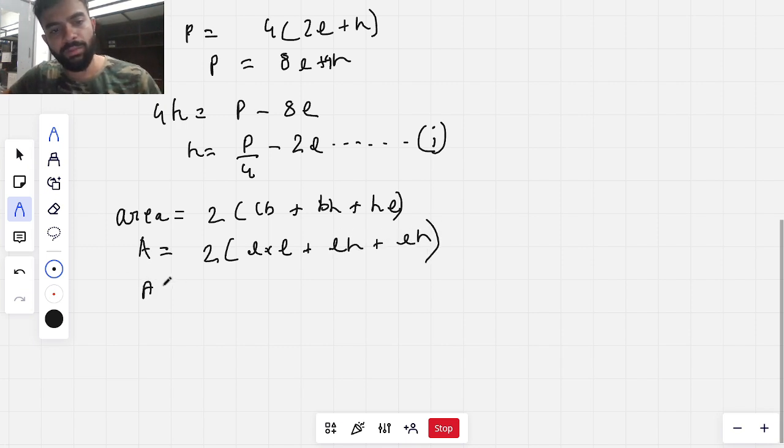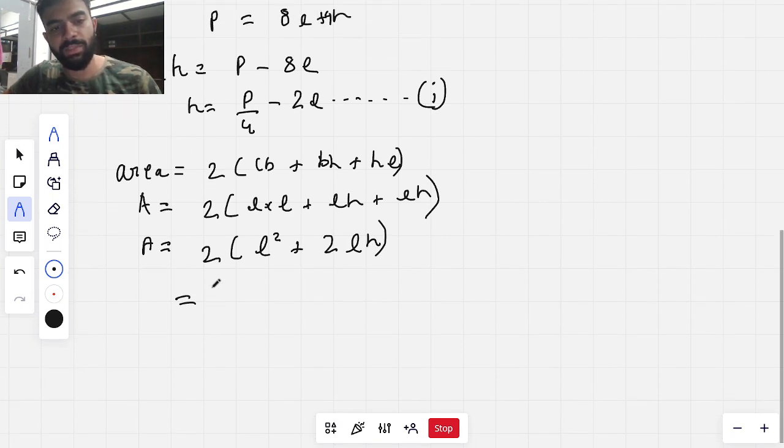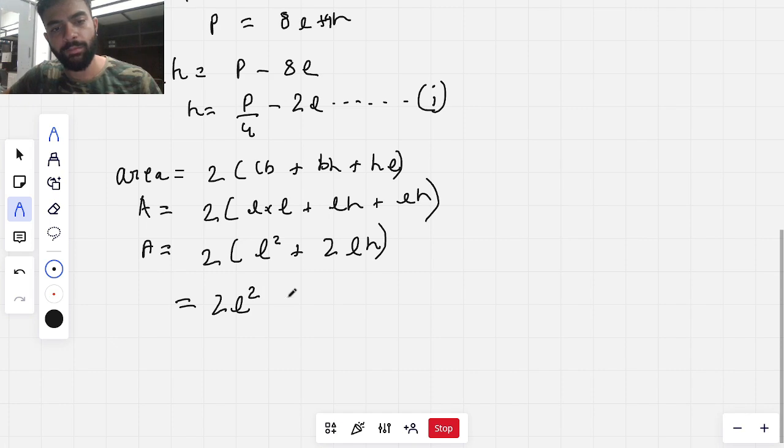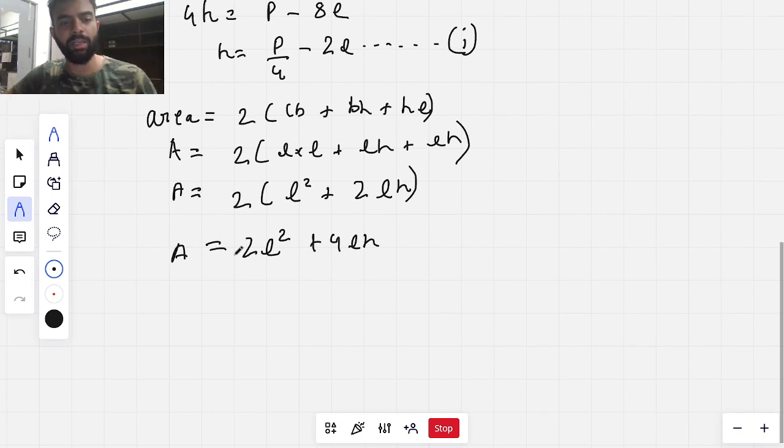From this I get 2 into (L square plus 2LH). So my area comes to 2L square plus 4LH. This is my another formula.